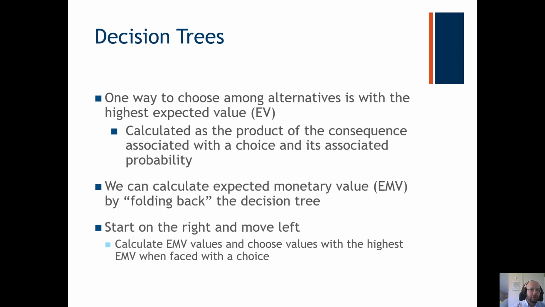They say, if I choose this, then this might happen, then I might have to make this decision, and then this might happen. Decision trees map that all out, and then we work backwards. We work from the end to work out which is the best choice. So we start from the right, and we move to the left.